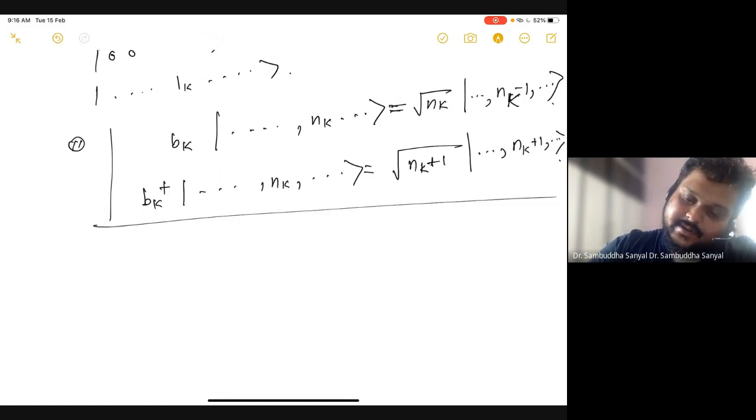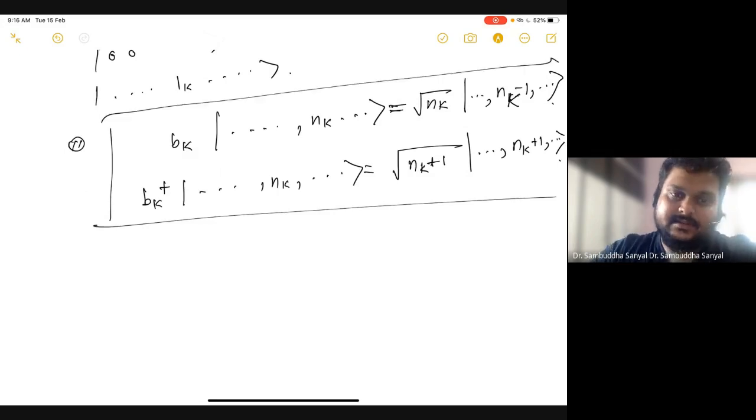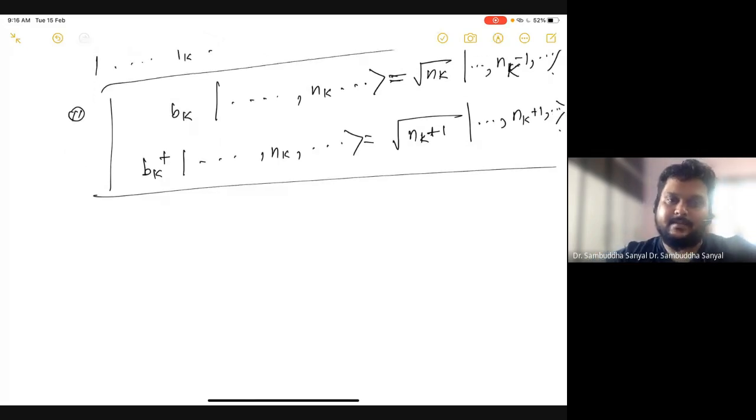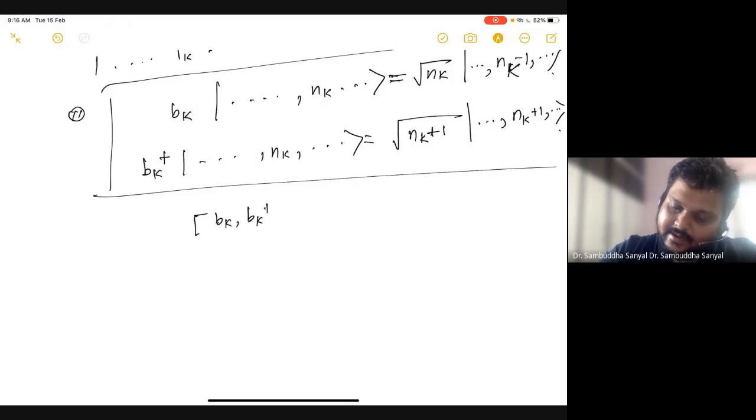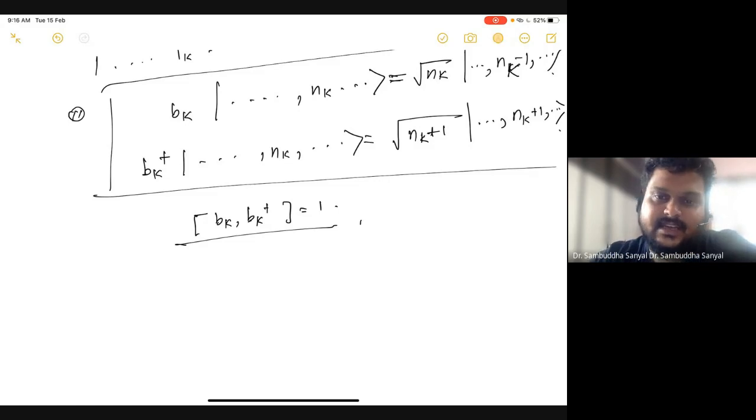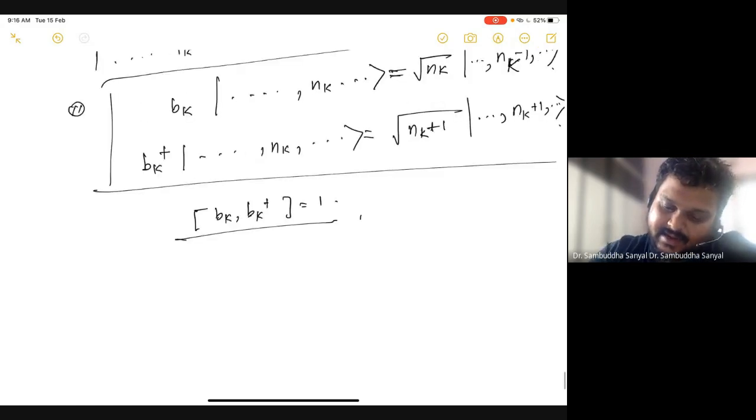Let me use these two operators, which must satisfy the commutation property. How to check that? You can check that very easily.